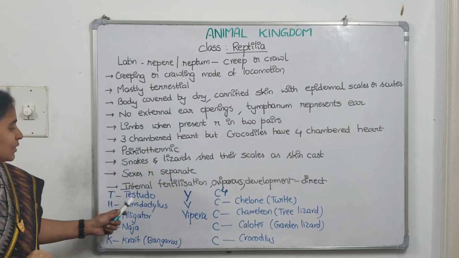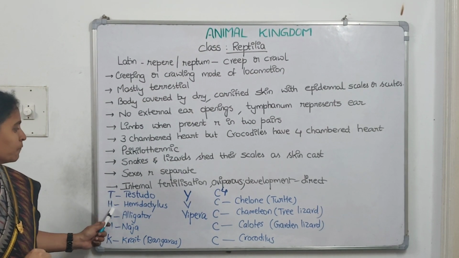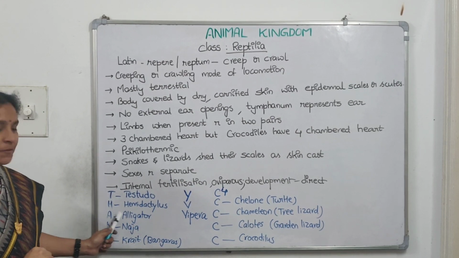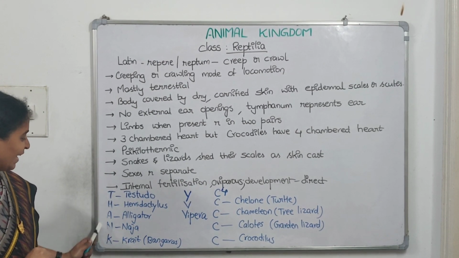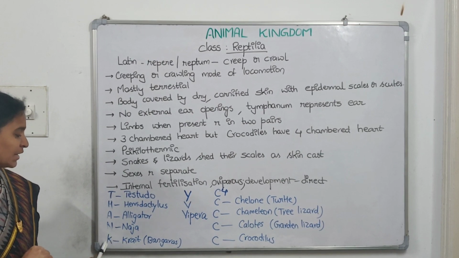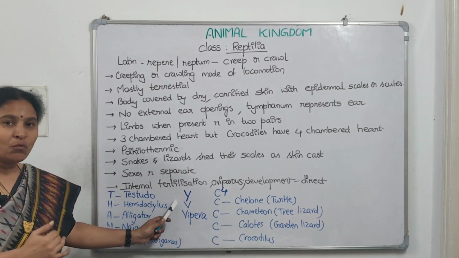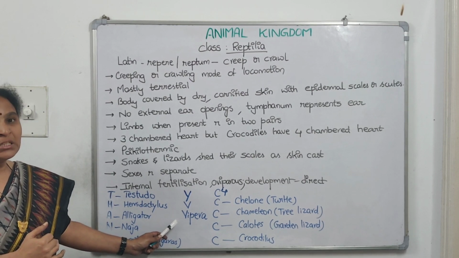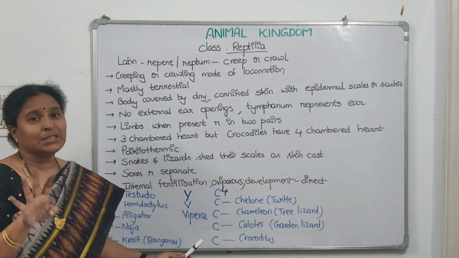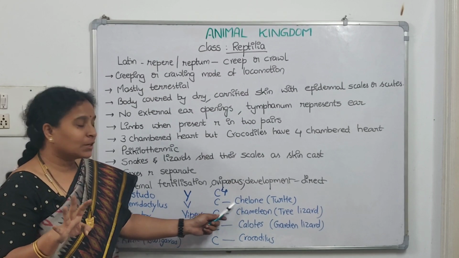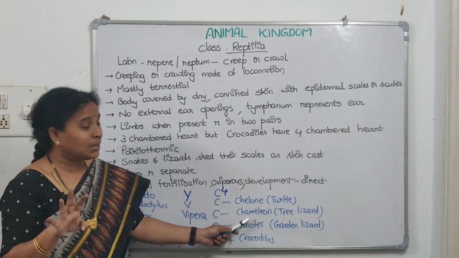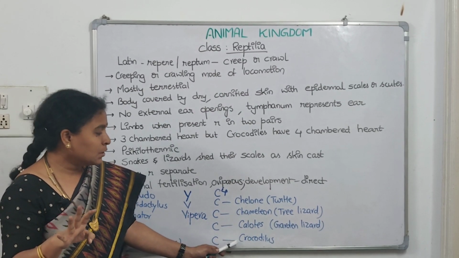T for Testudo, H for Hemidactylus, A for Alligator, N for Naja, and K for Krait. Then Y converted into V gives Vipera. C4 means 4 C's: one C for Chelone, another C for Chamaeleon, another C for Calotes, another C for Crocodilus.